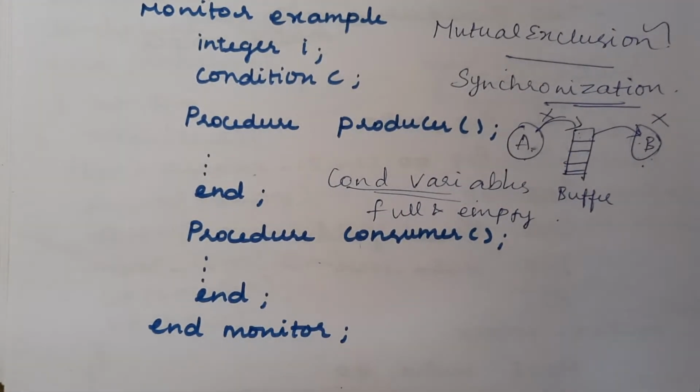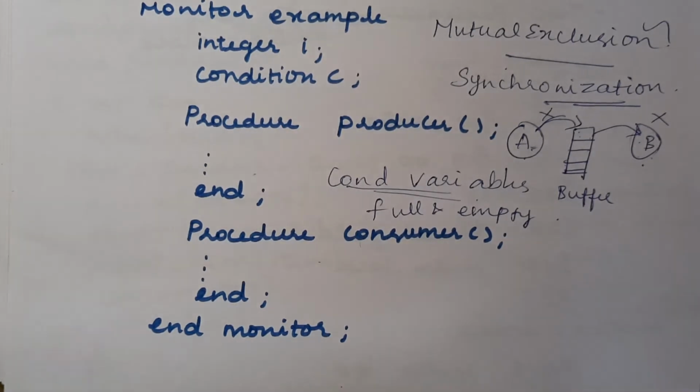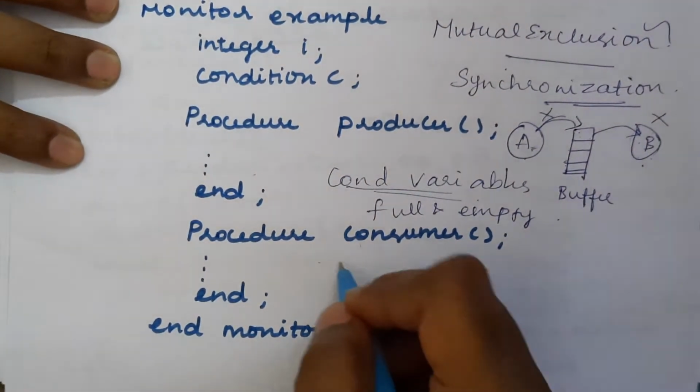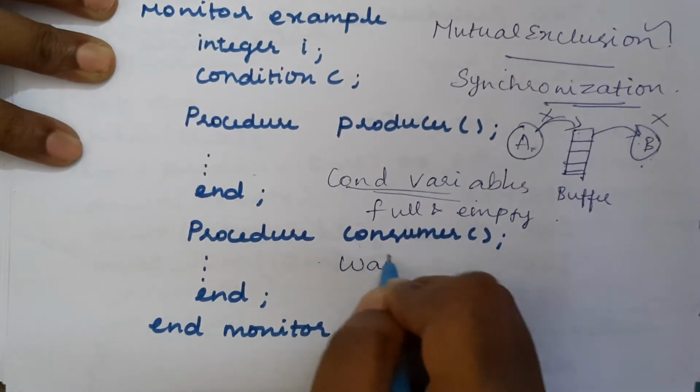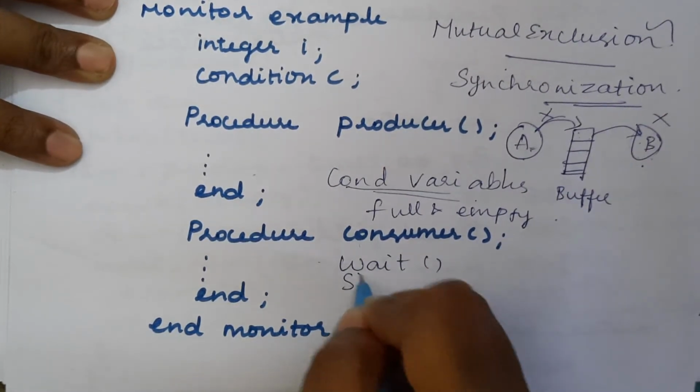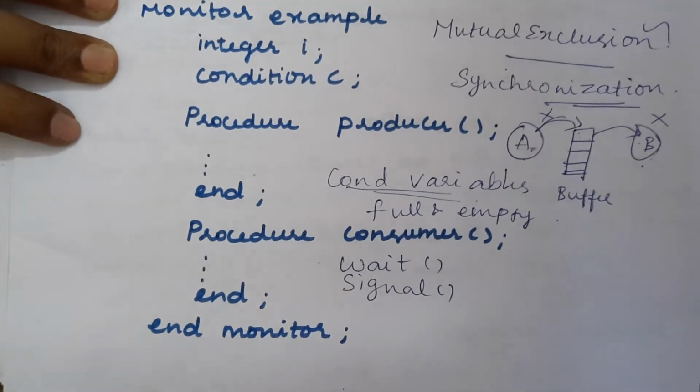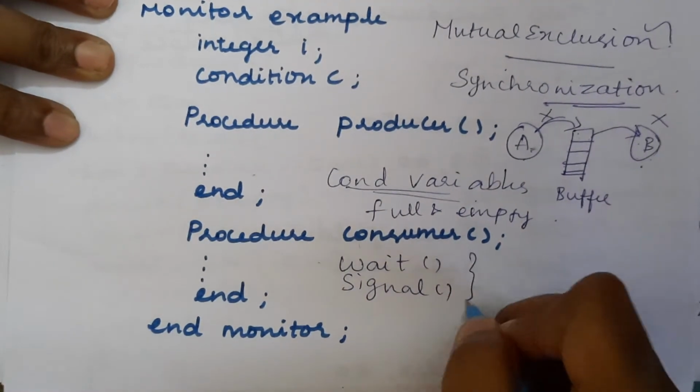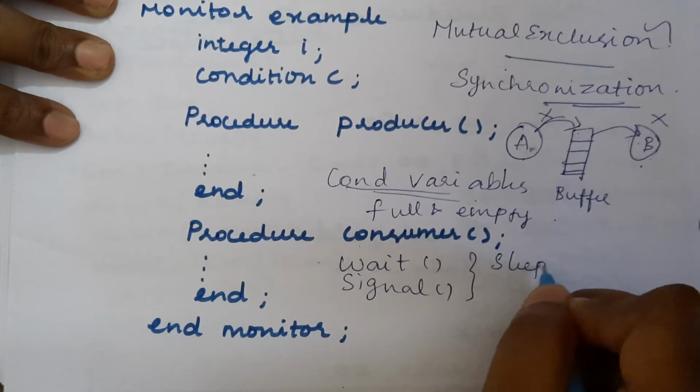The condition variables are operated on by two operations: wait and signal, which are very similar to sleep and wake up.